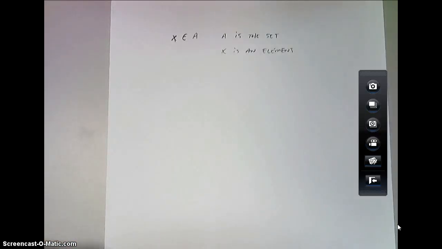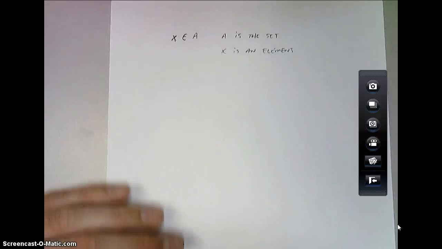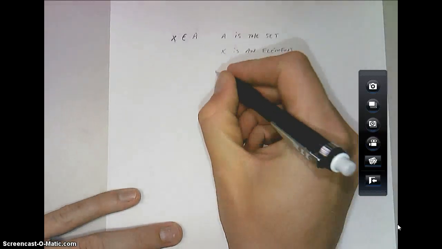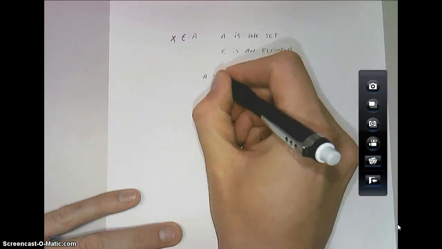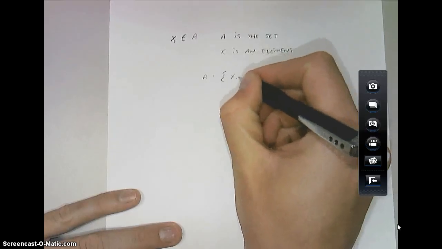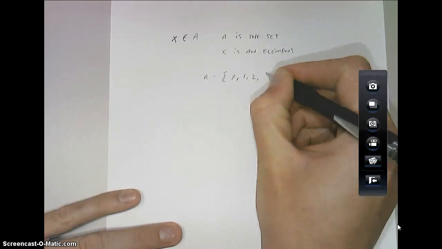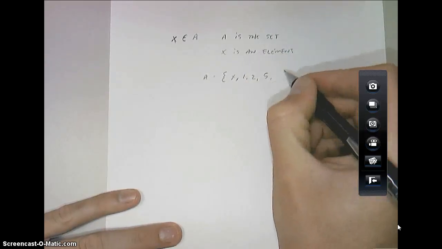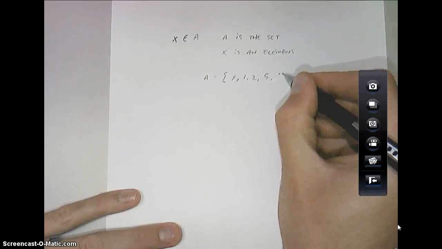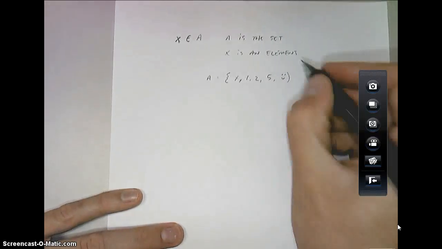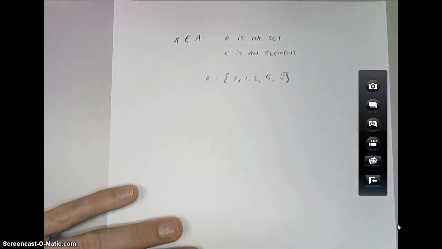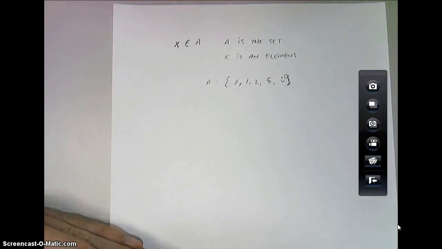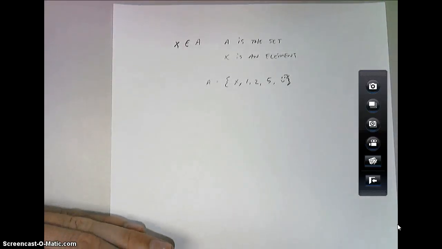So you can define sets to be anything, and it could be a set of all real numbers. It could be a set of integers. It could be anything. I mean, it could be smiley face, whatever you want it to be. So in the set A, we have x, 1, 2, 5, smiley face.